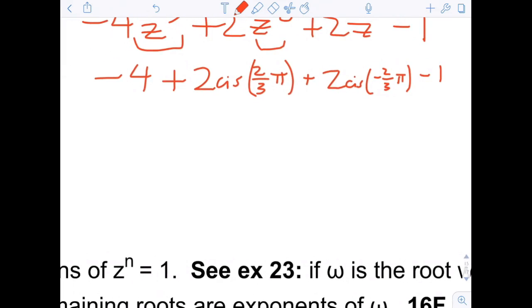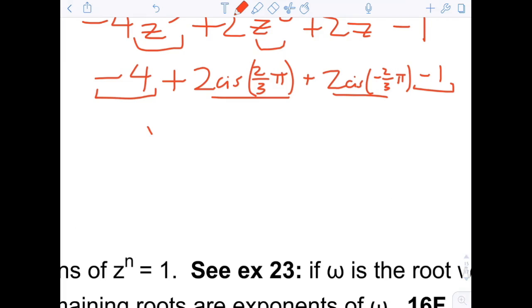Now we can kind of see where it could be a real number. So this and this is real, right? And if we have 2 cis 2/3 pi and 2 cis negative 2/3 pi, aren't those two complex conjugates? And when you add two complex conjugates together, you cancel out the imaginary parts, right?